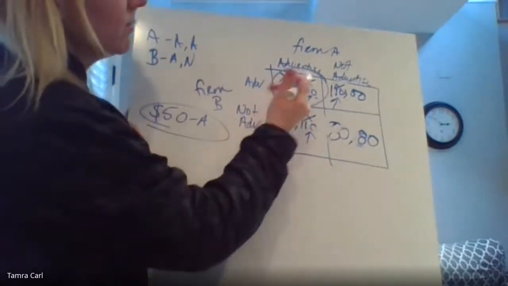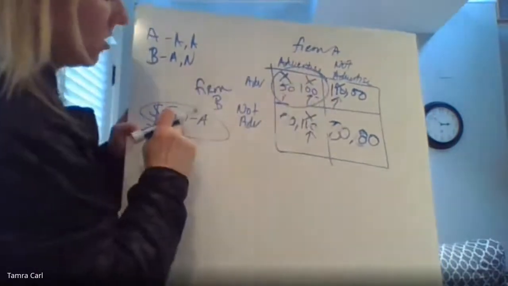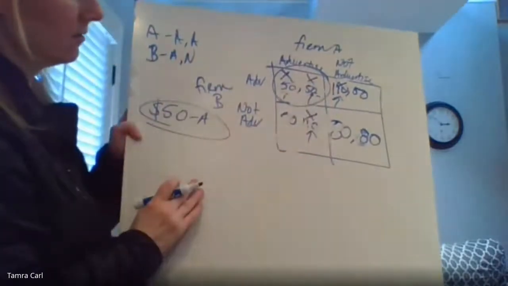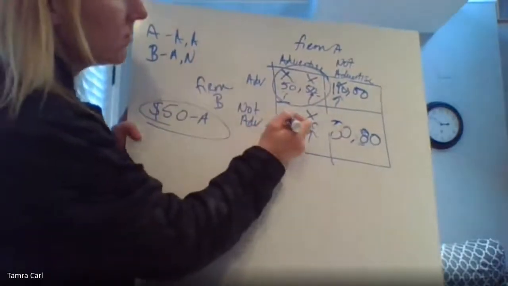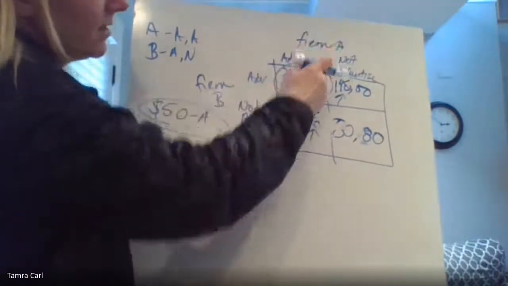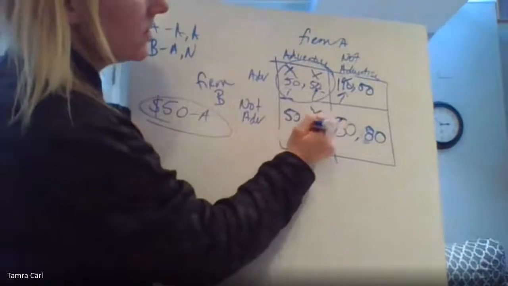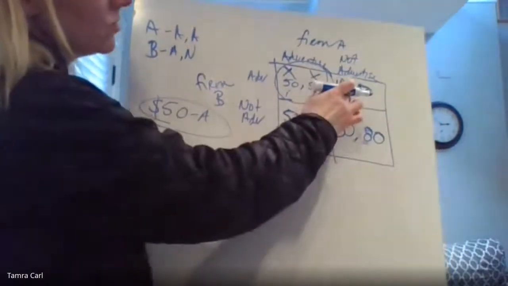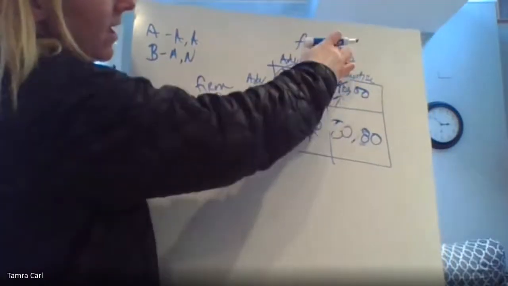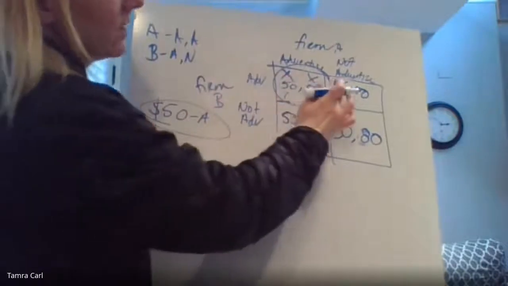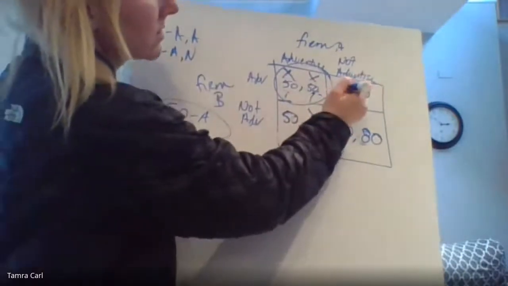Now it's going to be a payoff of 50 because it costs me $50 to advertise. And this one's going to be 50, right? And in this one here, firm B is not advertising, but firm A is advertising, so this payoff here would be 60. And the same is true for this one. Firm A is not advertising, but firm B is advertising, and so this would become a 60.